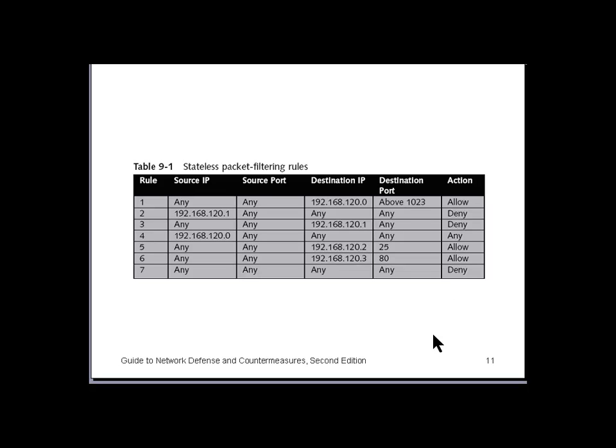And as we'll see in iptables, you can break deny down into two other categories. One of which is to drop the packet. That is just to drop it, to make it go away, not do anything with it. Or there's something called reject, which means that once a packet comes in that meets this criteria, let's see this one right here, that is, let's say anything coming in from 192.168.120.1 over any port to any destination IP, you want to deny it.